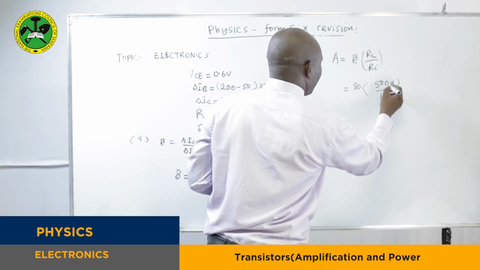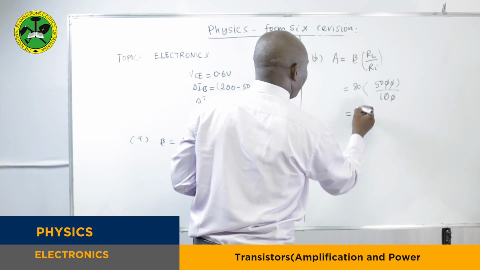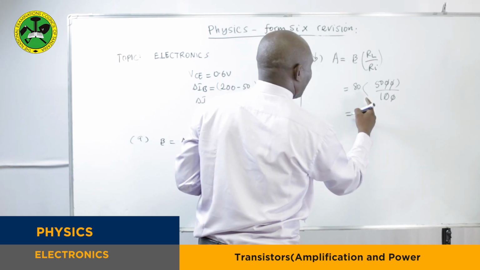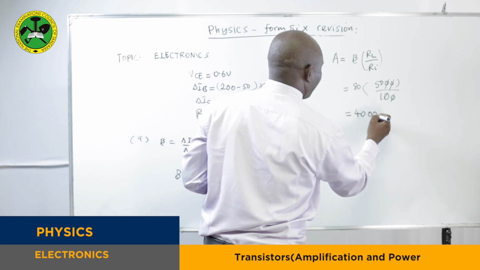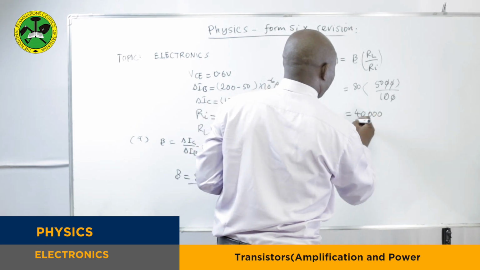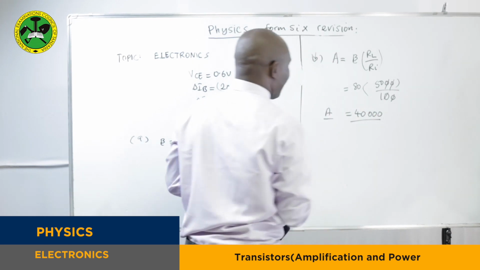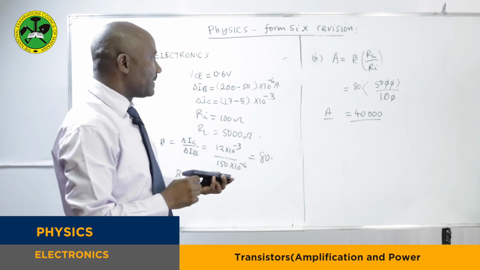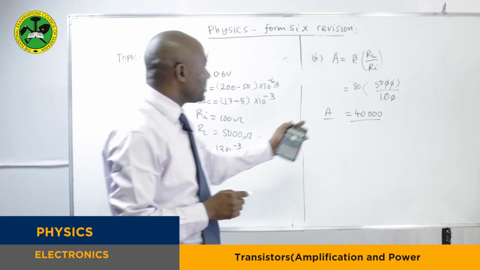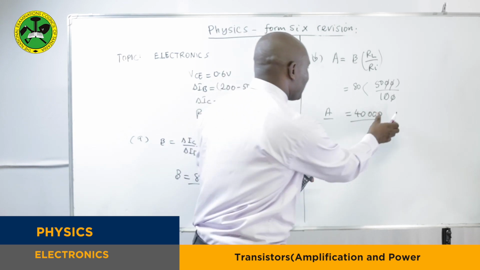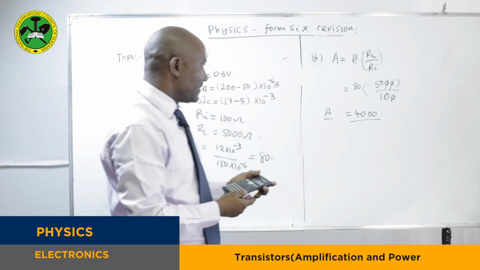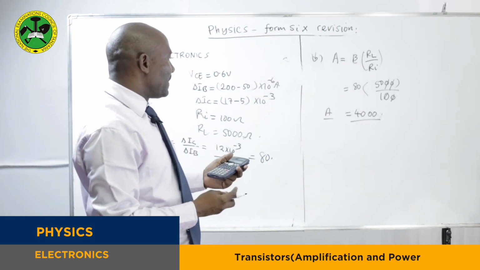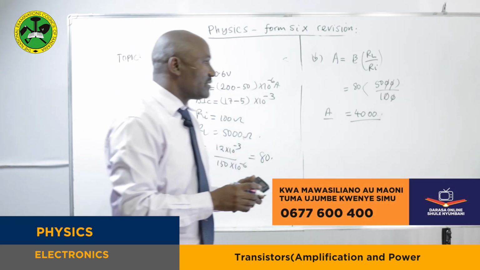So we cancel two zeros, and we get 40 and then add two zeros. It's 4,000. So that is how you can find the voltage gain.